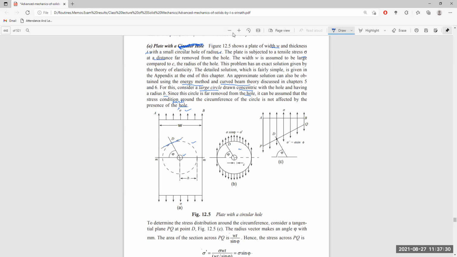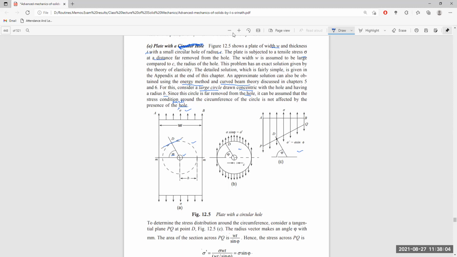We take this PQ, which is the tangent at the point D on this imaginary circle. This radius subtends an angle theta with the horizontal itself.